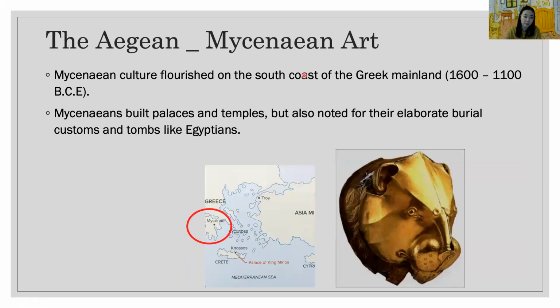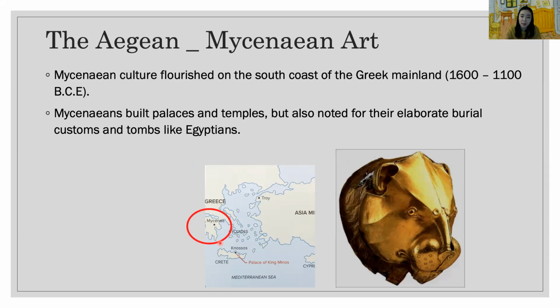The last one, Mycenaean culture. So Mycenaean culture, so-called because it formed around the city of here, Mycenae, flourished on the south coast of the Greek mainland.